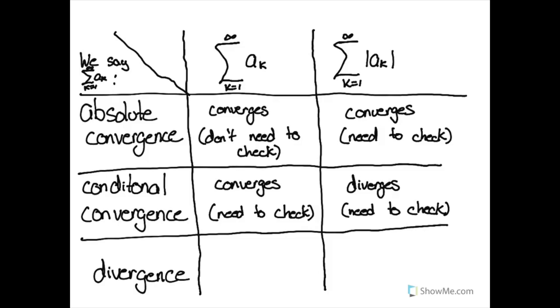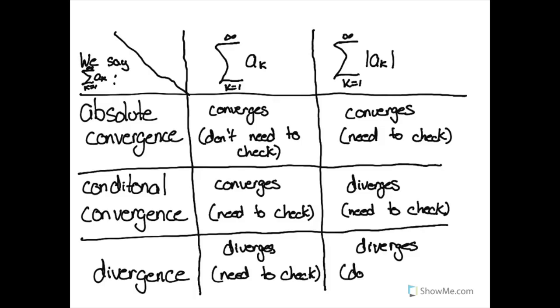And finally, to say that a series is divergent, the series diverges, and we need to check this. The absolute value series also diverges, but we don't need to check this. Again, we can check it, but it won't tell us anything about divergence.